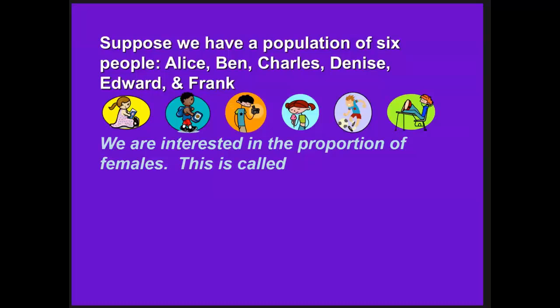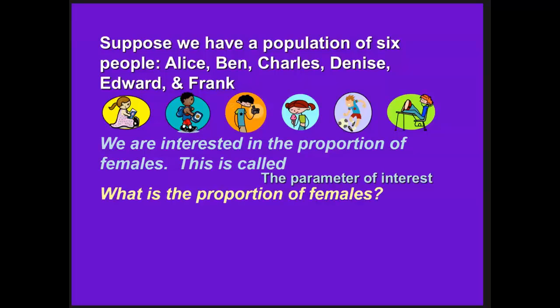And we are interested in what proportion of our population is female. So this is called the parameter of interest. Now, given that population of 6 individuals, what proportion is actually female? So of the 6, Alice and Denise are female. So that means 2 out of 6, or 1/3 of the actual population is female.